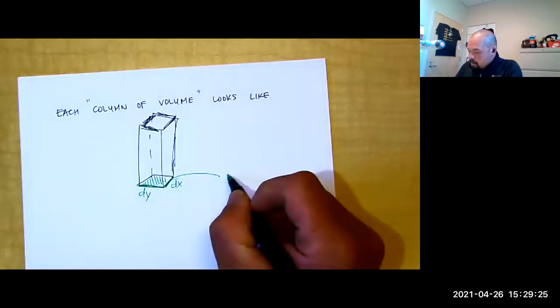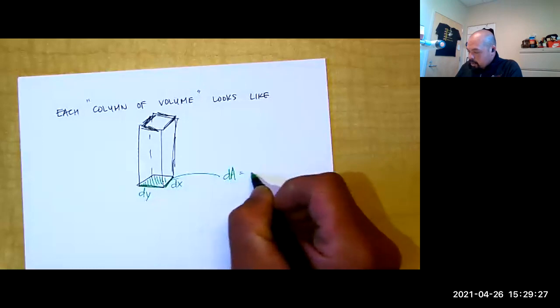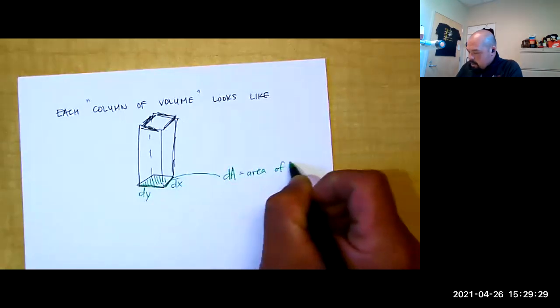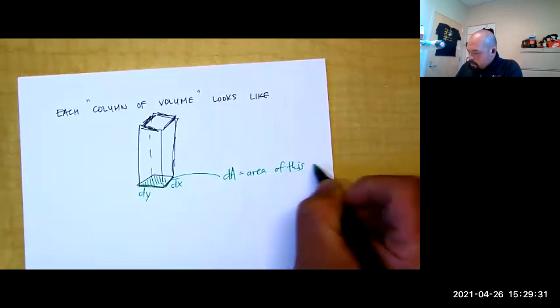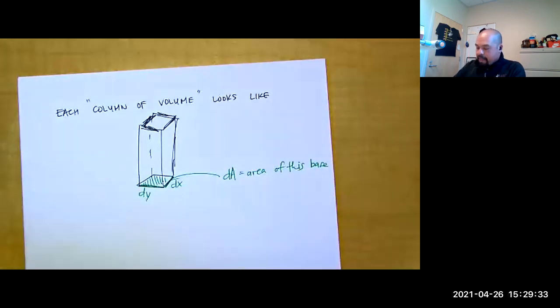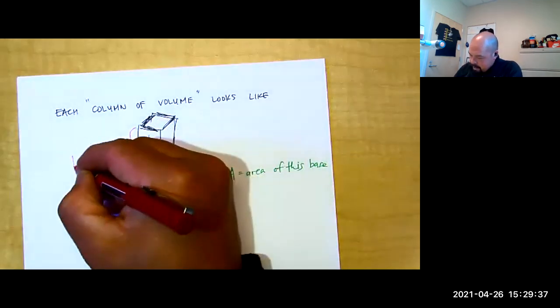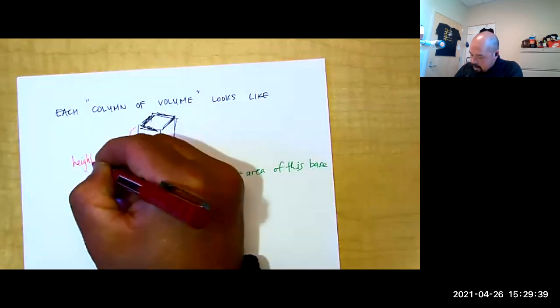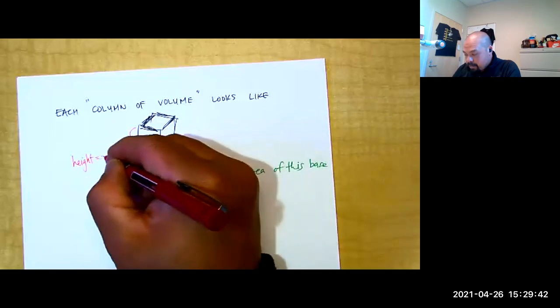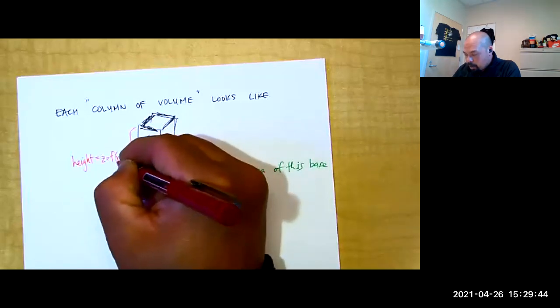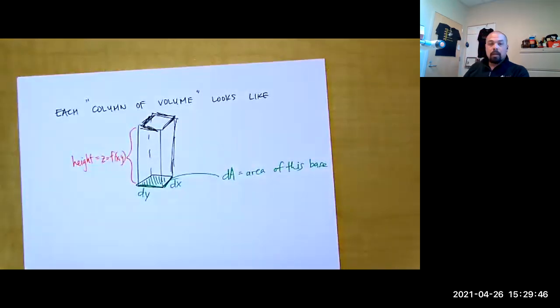dA, that's just our area of this base. And then that height, that's going to be the z value, which comes from your function, right?